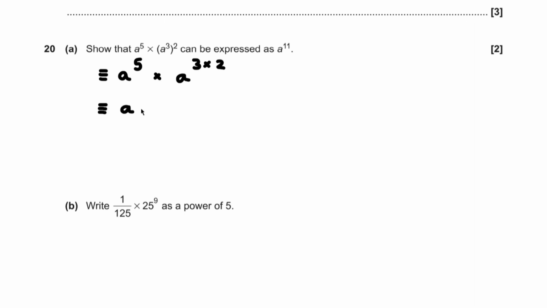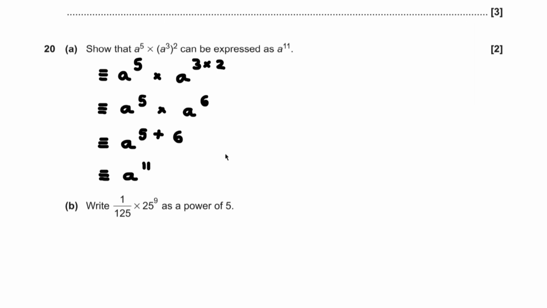So I've got a to the 5 times a to the 6. So I have a to the 5 plus 6, which is a to the 11, since 5 plus 6 is 11.